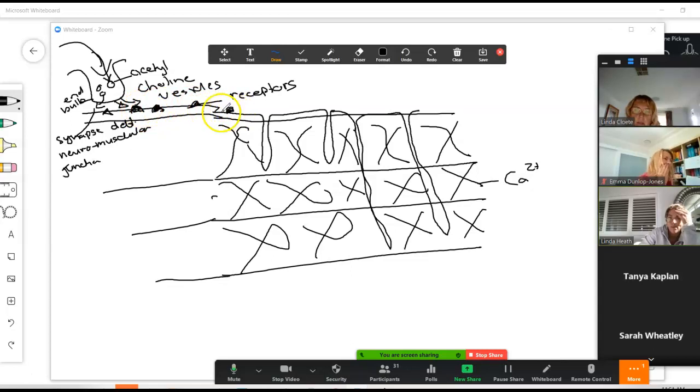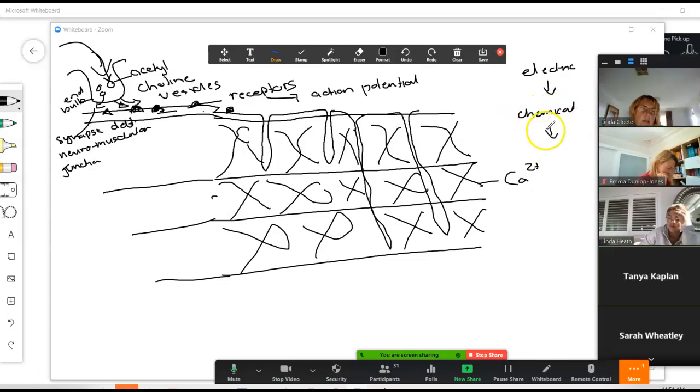Essentially, those receptors create an action potential, which is another electrical stimulus. So what you've got is an electrical stimulus giving you a chemical, which is your acetylcholine, which then attaches to the receptor, which then initiates another electrical stimulus. Does that make sense?